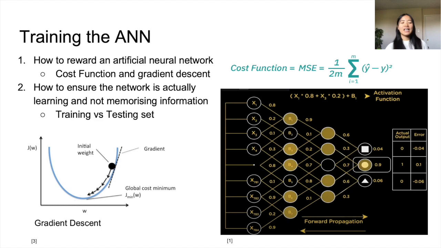So a way to visualize that is we look at this graph on the left. On the y-axis is the cost function, and on the x-axis is the values of the weights and biases. So when we had initially set all the weights and biases in the network to whatever we wanted, there was this high cost function.